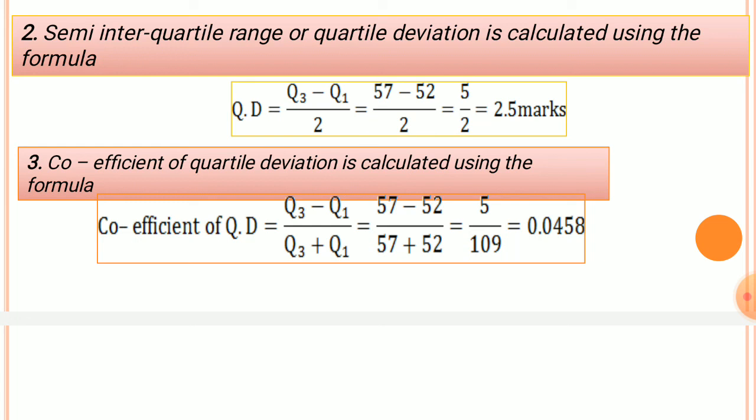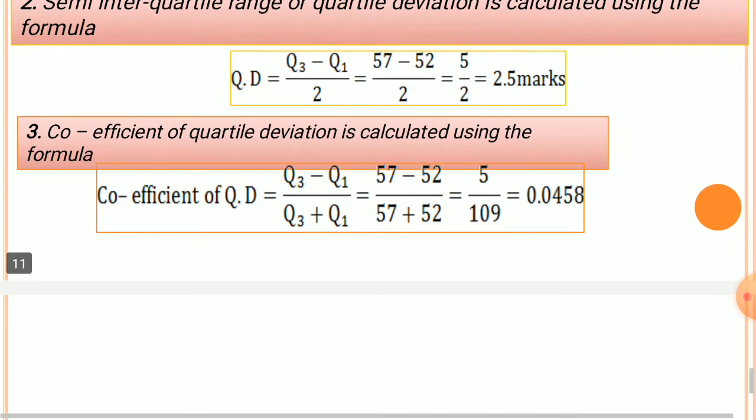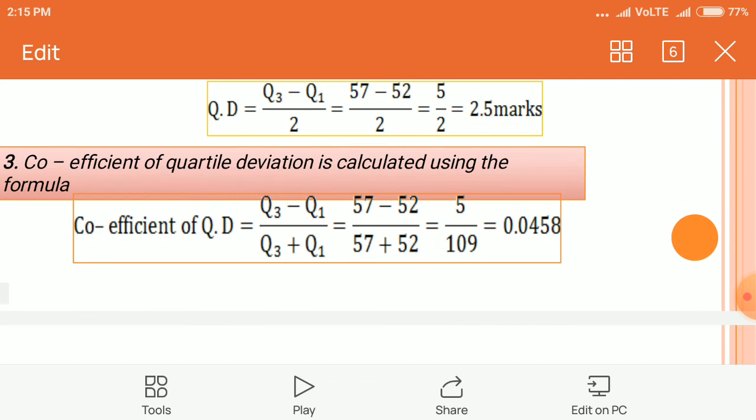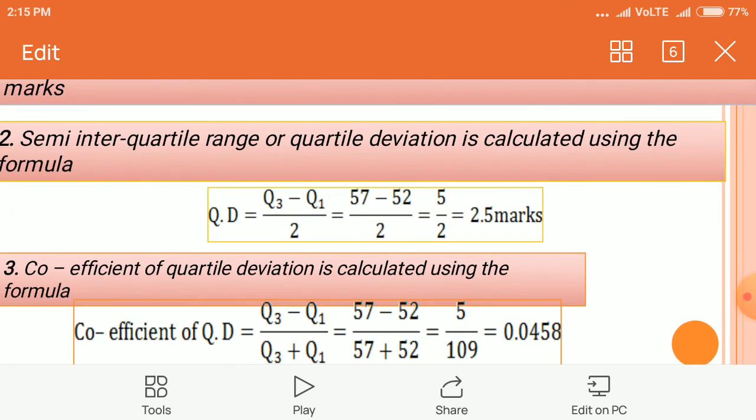This is the value of coefficient of QD, and the value of QD is equal to 2.5 marks. So therefore this is the way and the method of calculating the values of interquartile range, semi-interquartile range or quartile deviation, and coefficient of quartile deviation.